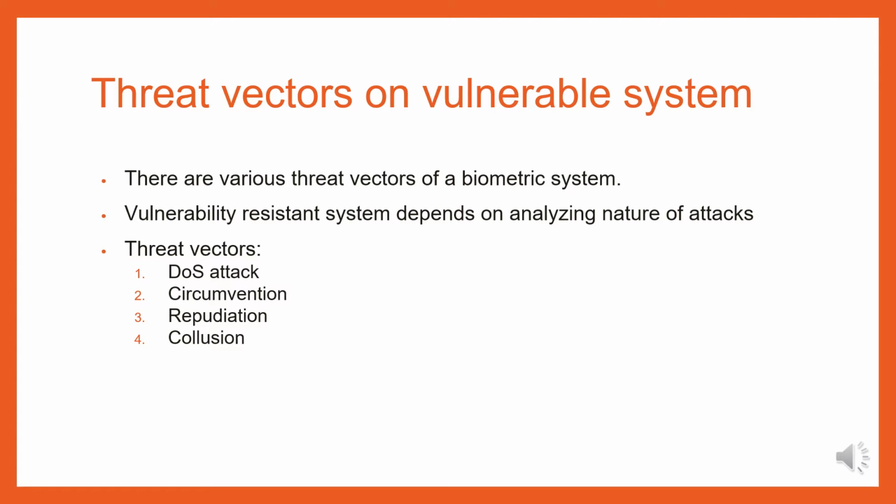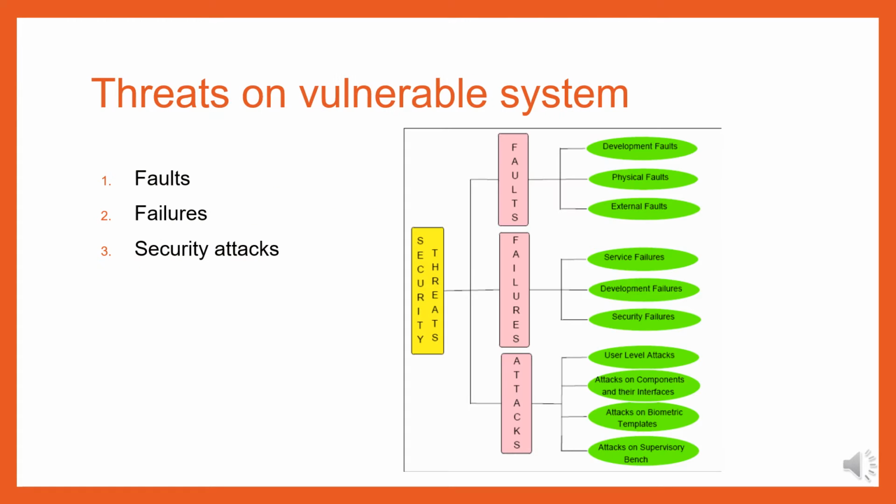And the last one is collusion. Threats of collusion refer to instances in which an attacker is assisted by a privileged user, such as an administrator, or in which a legitimate user is compelled to assist the attackers.